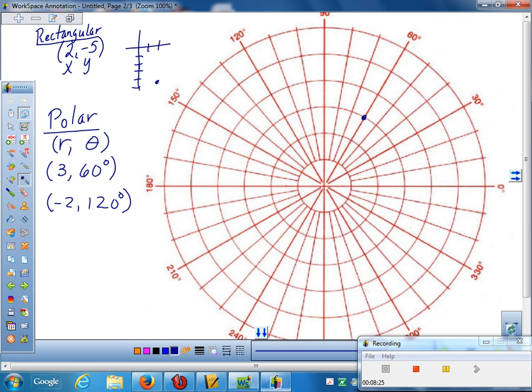The 300 line down here, yeah. So you would actually go 2 units backwards in this case on that same line. So -2, 120 is the same thing as +2, 300. Notice the angles are different by 180 degrees. So you can actually plot it either way.